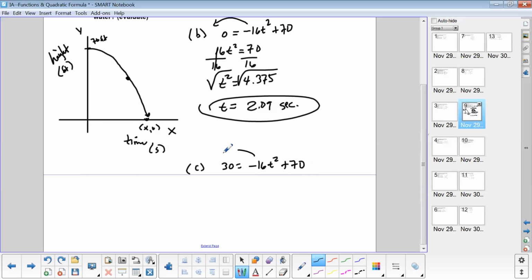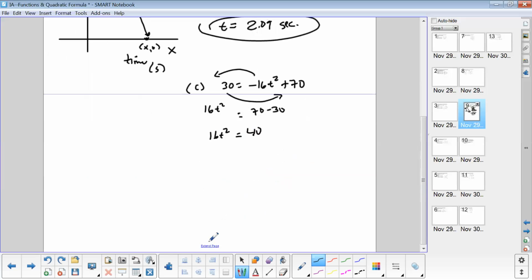I'm going to add the 16 to the left side, and subtract the 30 from 70, and I get 16t squared is equal to 40. I'm going to divide both sides by 16, so I get t squared, and 40 divided by 16 is 2.5. Well, I want t, not t squared, remember, so I'm going to take the square root of both sides.